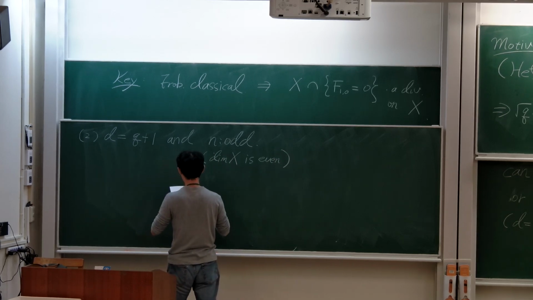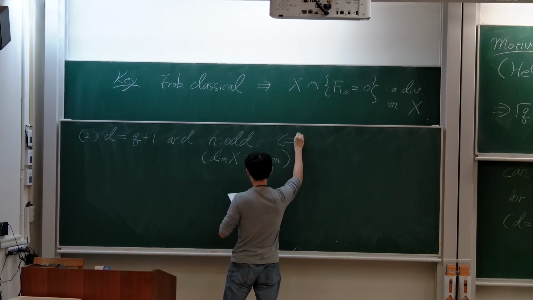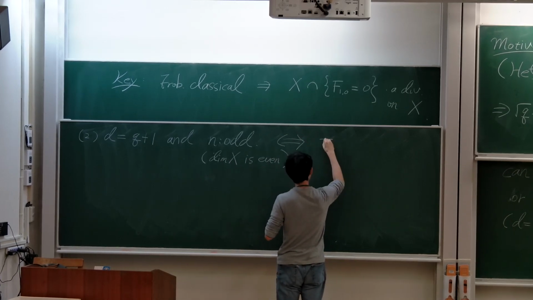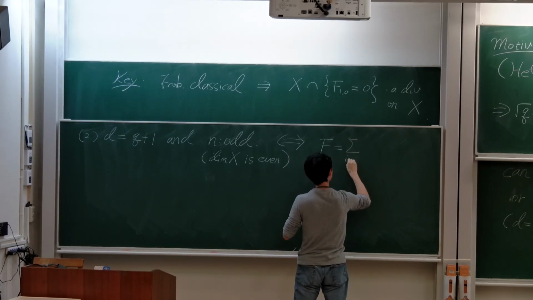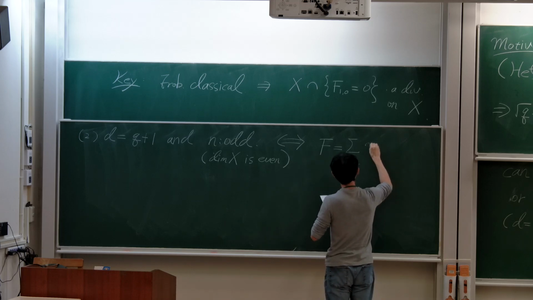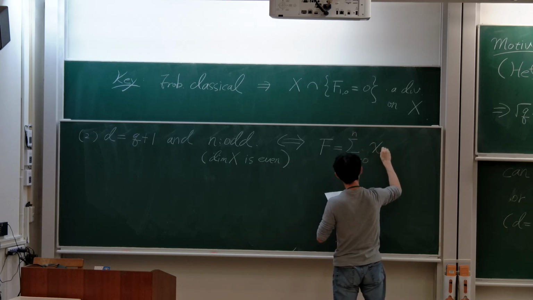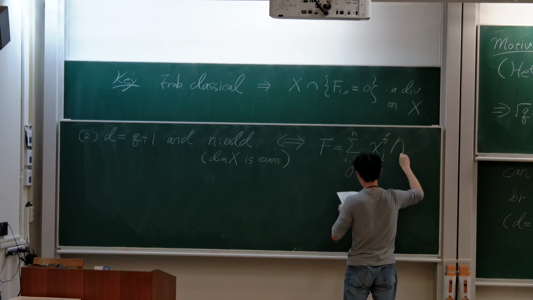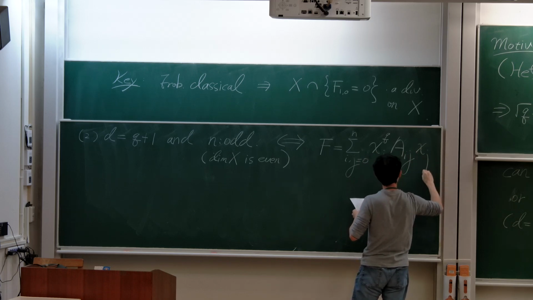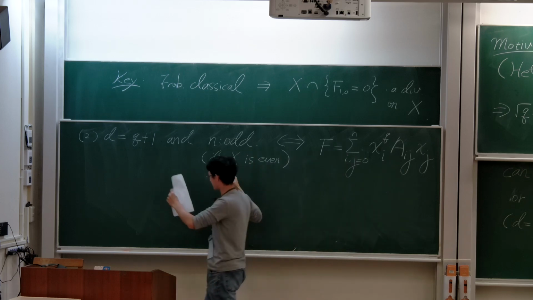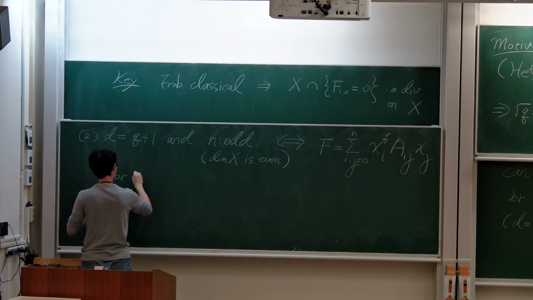So in this case, we can write f, the defining polynomial for the hypersurface, this way, where these aij form a square matrix which is antisymmetric.